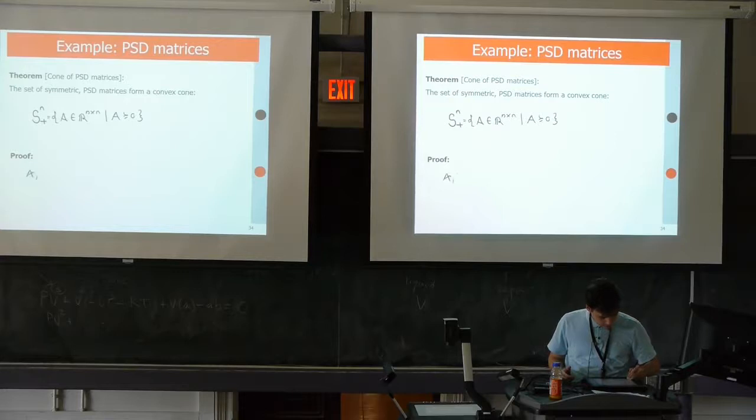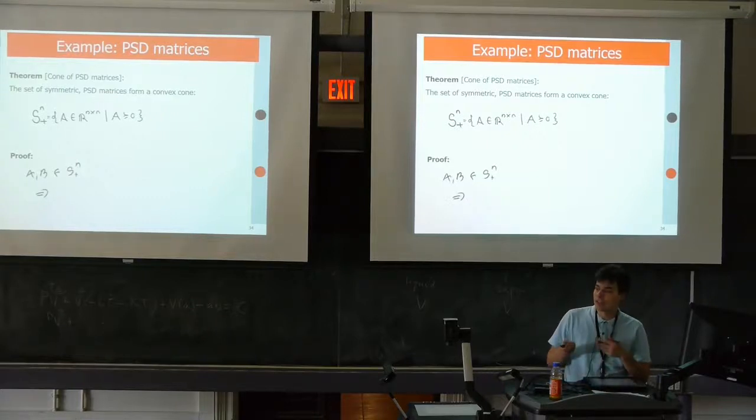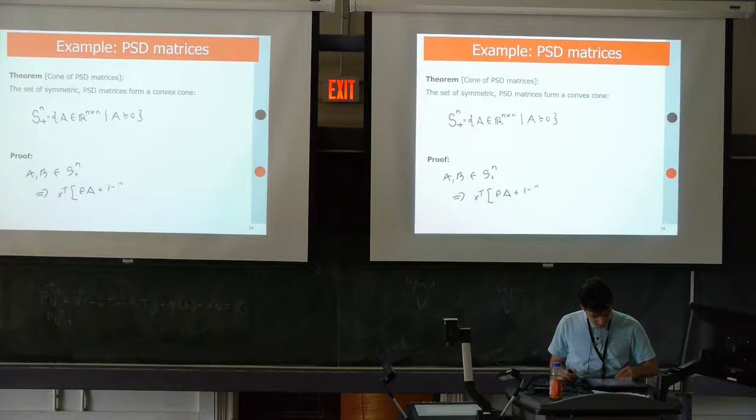So if A and B are n times n positive semi-definite matrices, then we need to prove that their convex combination will be positive semi-definite as well. So X transposed times theta A plus 1 minus theta B times X. We need to prove that this is non-negative.